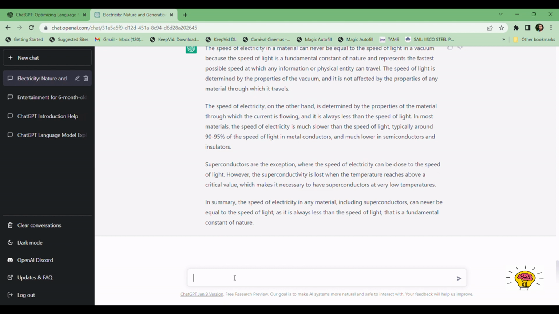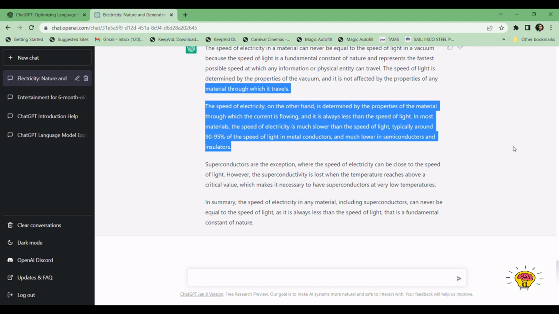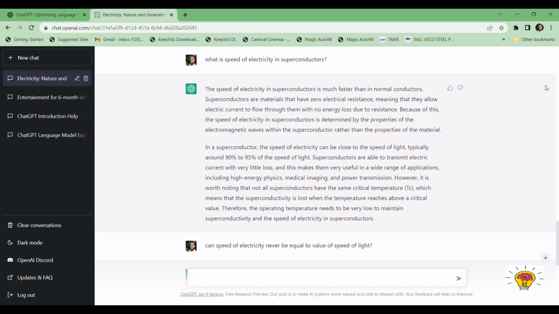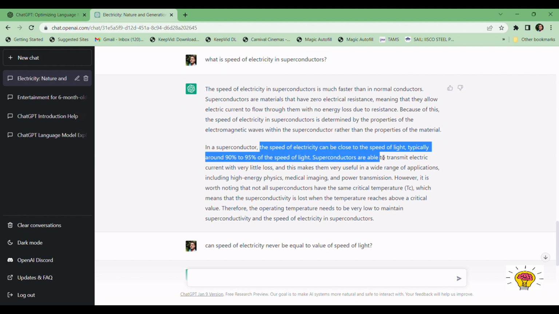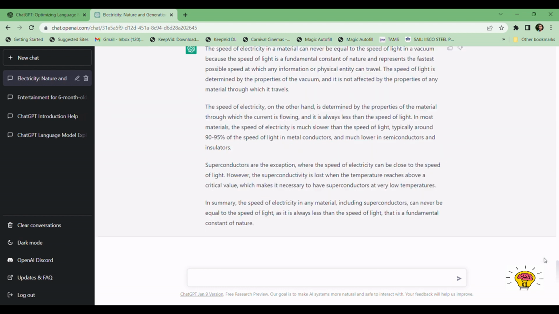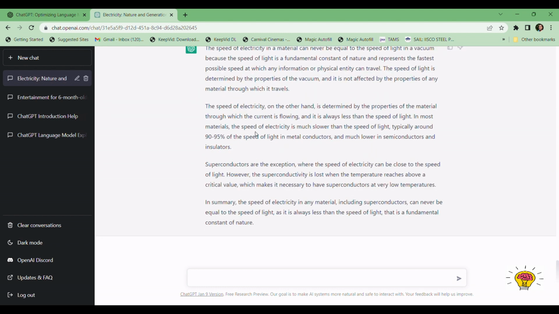अब देखिए, इससे पहले वाले क्वेश्चन में अगर मैं पीछे जा पाऊँ, तो इससे पहले वाले क्वेश्चन में इसने क्या बोला? इसने बोला कि in superconductor the speed of electricity can be close to speed of light, typically around 90 to 95% of the speed of light. ठीक है. और अभी रिसेंट वाले क्वेश्चन में इसने क्या बोला?